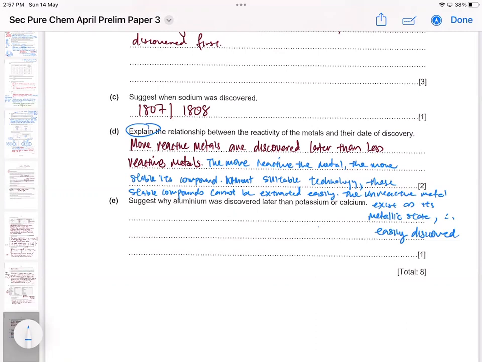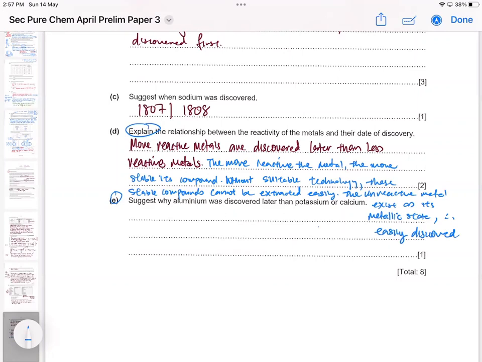Okay, part E is the kind of question that I will not ponder too much. In the exam, if you are stuck with this, I'll just move on. Notice our trend says the more reactive the metal, the harder it is to extract. So if it's harder to extract, that means it must have taken a longer time to discover.